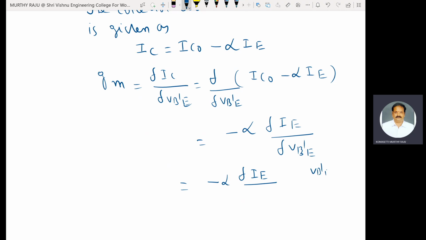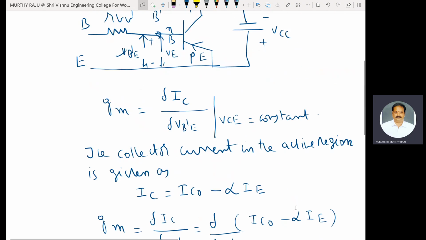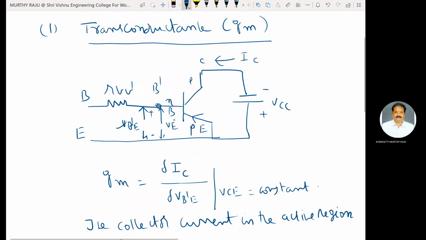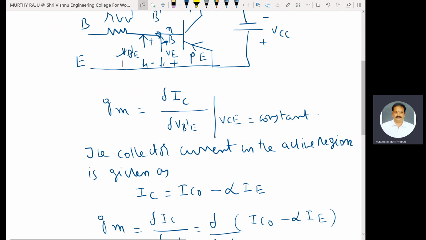VB dash E is equal to minus VE from this figure. Forward bias means here plus and this one is negative. So VB dash E is equal to minus VE.